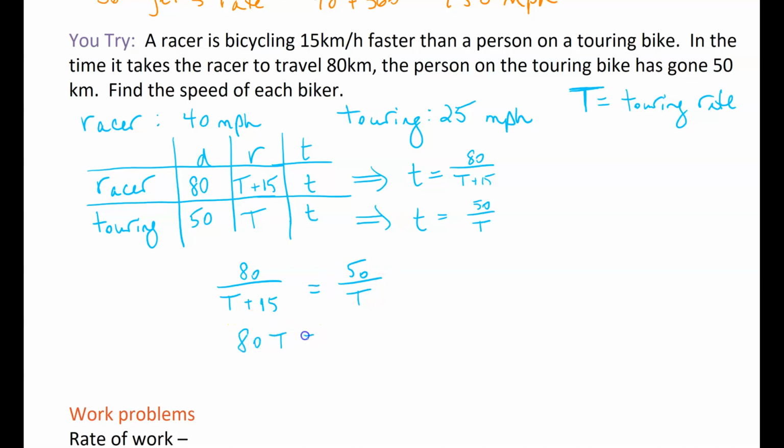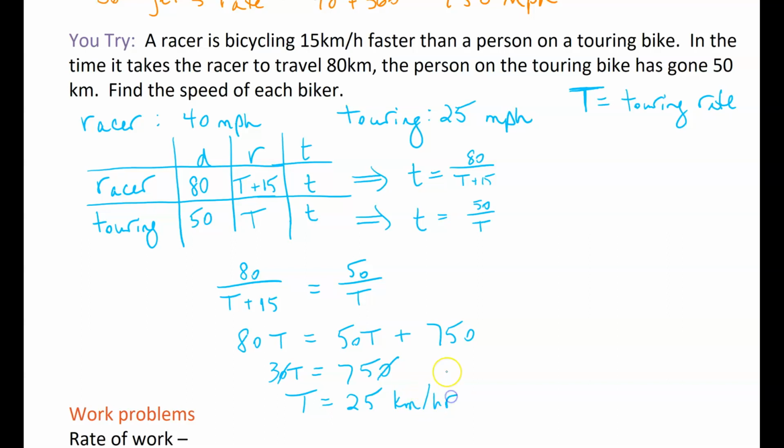So we get 80t is equal to 50t plus, what is 15 times 50? 750. So that's going to give us 30t is equal to 750. So we can divide out those 10s, which means the touring bike turns out to be 25 kilometers per hour.